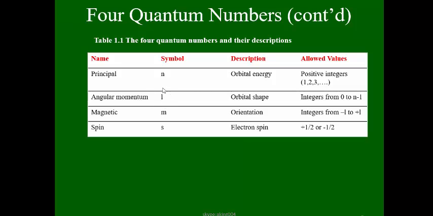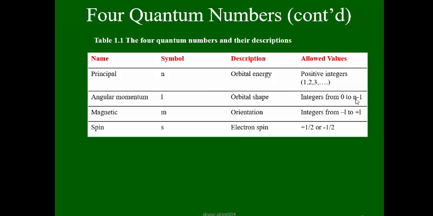The angular momentum quantum number is L, and it describes the shape of the orbital and the possible degeneracy of the orbital. We will learn more about that later. Its integer values run from 0 to n-1. The value of L is dependent on the value of n. If n is equal to 1, we have only 0.